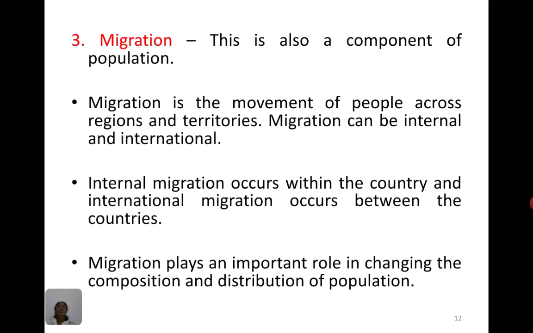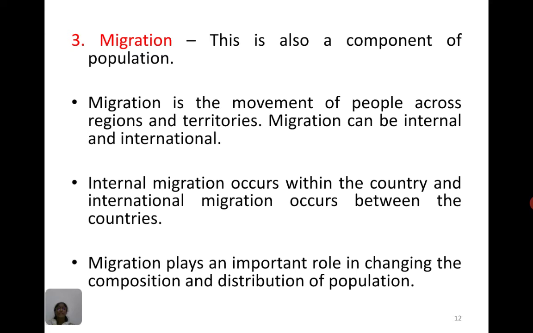Migration. This is also a component of population. Migration is the movement of people across regions and territories. Migration can be internal and international. Internal migration means the migration which occurs within the country, and international migration is which occurs between the countries.